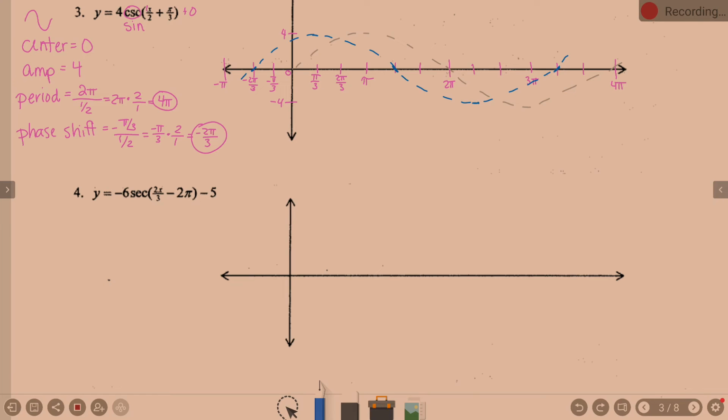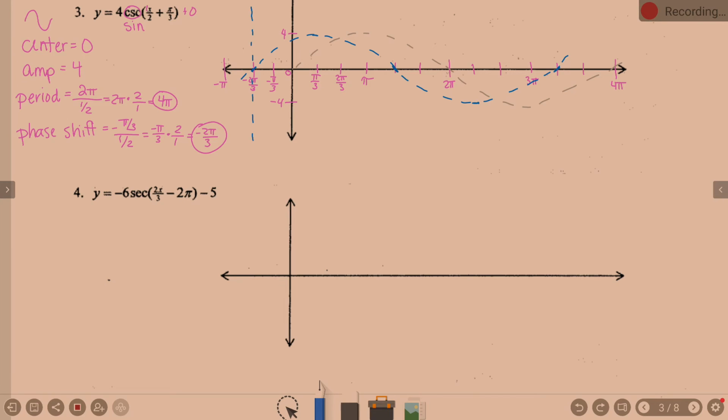What do I need to do to draw cosecant? The asymptotes and then parabolas. Where are my asymptotes going to be? Or let me ask this, how many asymptotes am I going to end up with this time? I would say 3. Because I'm going to have an asymptote at the left end, which is negative 2 pi over 3.